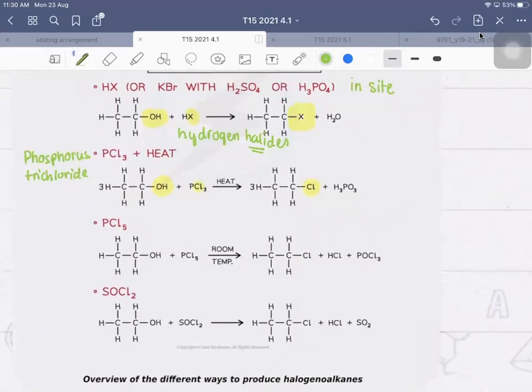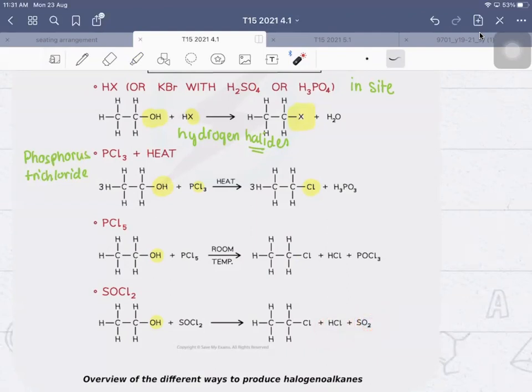Another type of reaction is SOCl2. There's a scientific name for this, but I will explain that to you in the next topic. SOCl2 is not the scientific name. Same thing also, the hydroxy group is being substituted with your halogens. The other products would be hydrogen chloride in the form of gas, and sulfur dioxide, which is also in the form of gas.